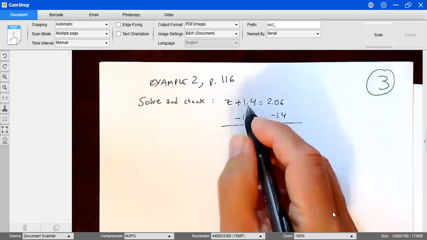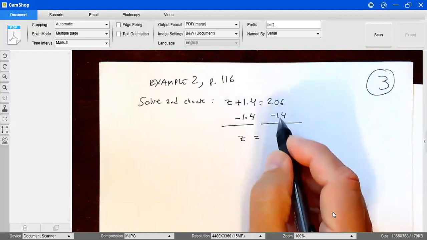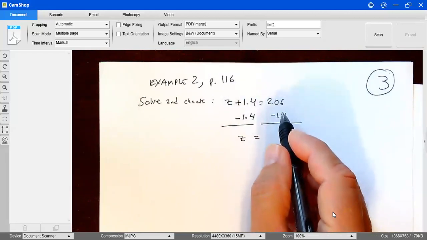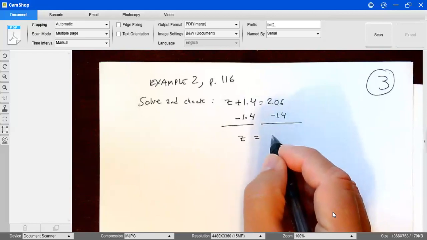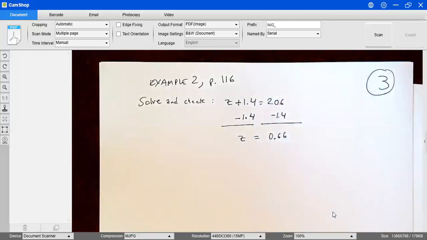This is the same number with the opposite sign. So you end up with z, and in this case we need to proceed with this subtraction. We're gonna see that the answer is gonna be 0.66. You can use your calculator or you can do your work by hand.